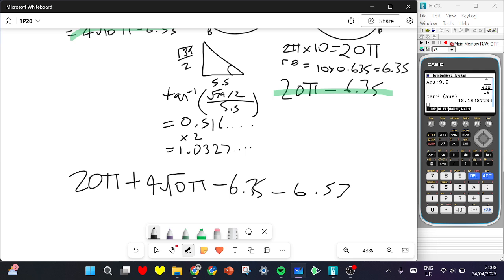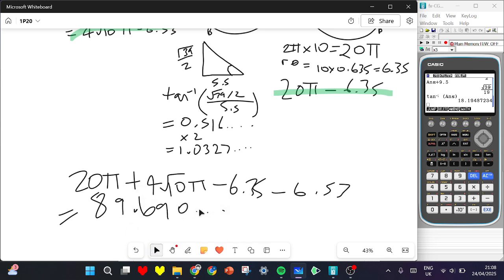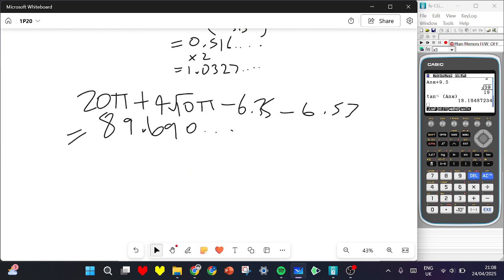I'm going to put it in my calculator. And that is 89.690 and so on. The question said to give it to one decimal place, so the perimeter is going to be 89.7.